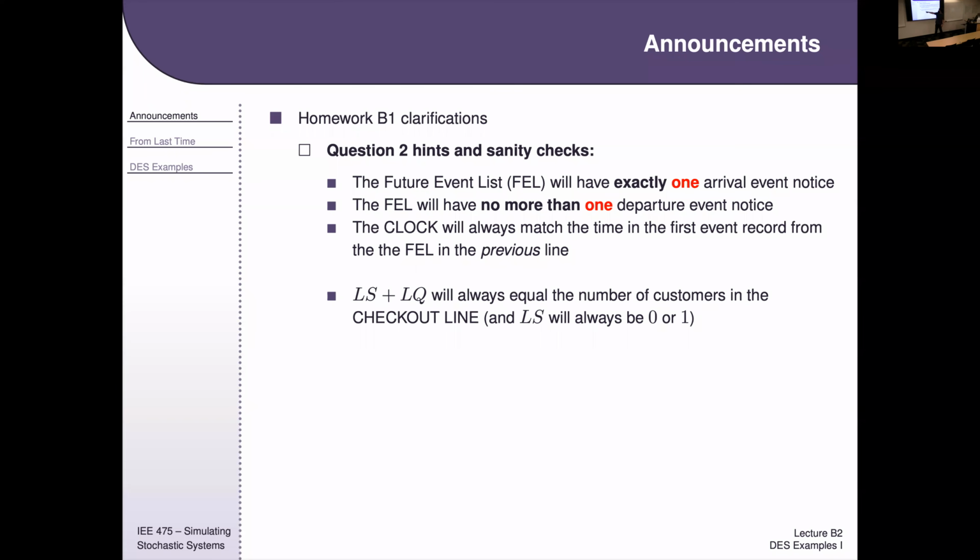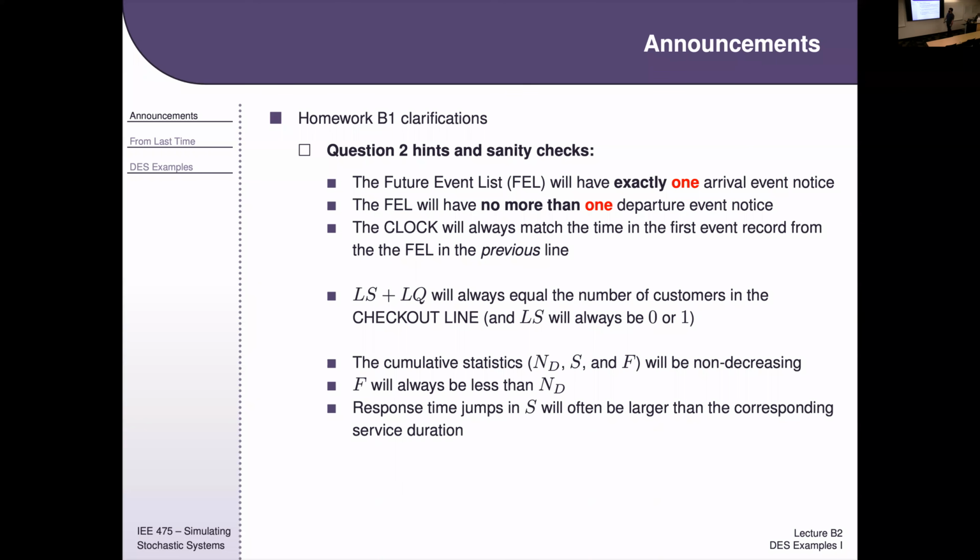The sum of LS and LQ will always equal the number of customers in the checkout line state variable. And as I mentioned before, LS, the number of customers currently being serviced, is either 0 when the system is idle or 1 when the system is busy. The cumulative statistics, because they're cumulative, will always be non-decreasing.